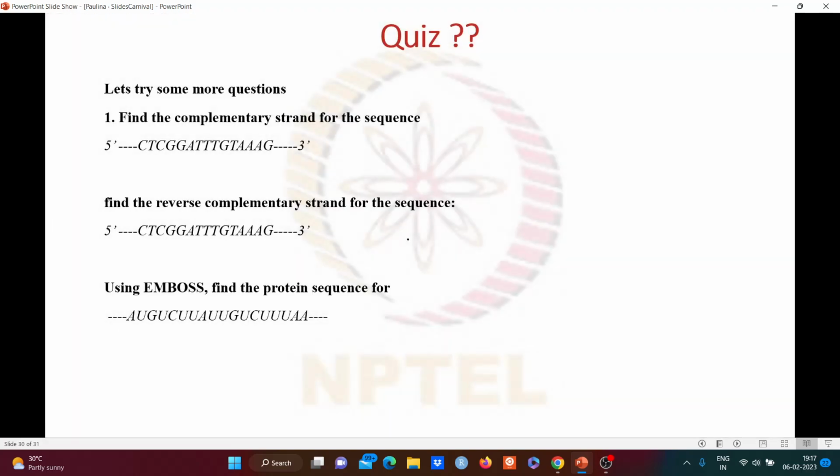Before we go into EMBOSS, let's try manually to solve these questions, and then we'll try to solve these questions using EMBOSS also. The first question is to find the complementary strand for the sequence. I know it's time consuming for you to type a long sequence, but this would be good practice, like solving manually and then experiencing the EMBOSS tool.